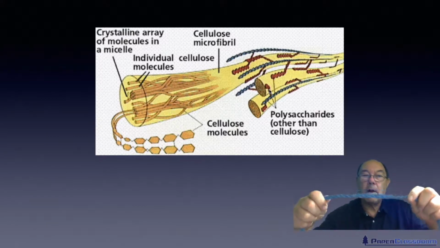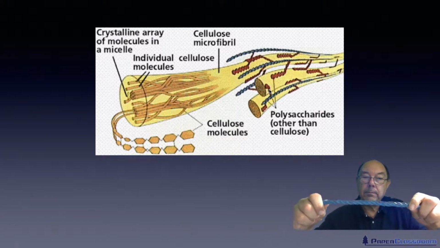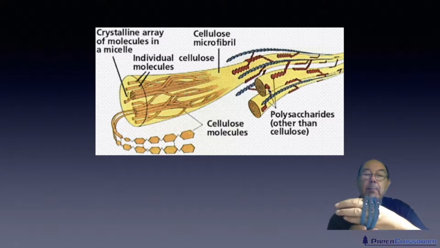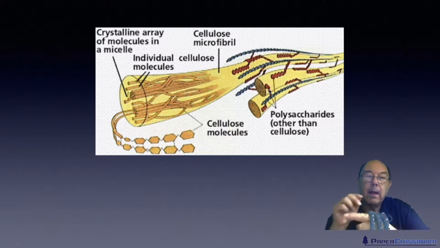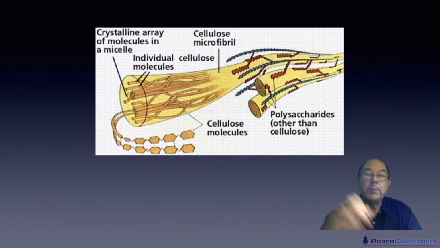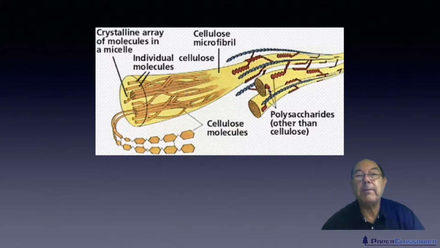And this is then called a fibril. And what happens then is the fibrils lie side by side like this, and this forms one layer in one of the walls of the fibre. These layers build up to form a complete wall, and then the walls build up to form a complete fibre.